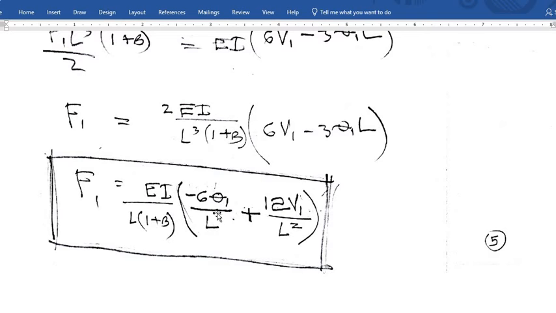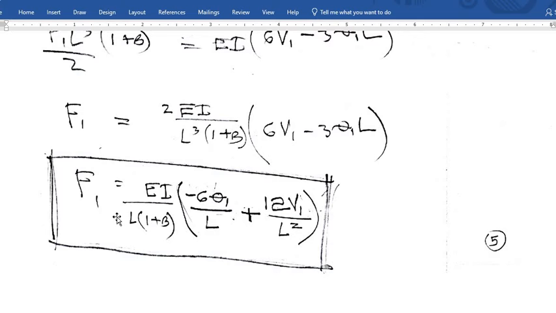Okay, bakit naging L na lang ito? So, remember na dito sa labas, nag-iwan tayo ng isang L. So, ang papasok ngayon dito sa loob is L squared. So, L all over L squared will give you 1 all over L. Okay, so this is now the equation for F1. Notice na yung constant, you have EI all over L times 1 plus beta.